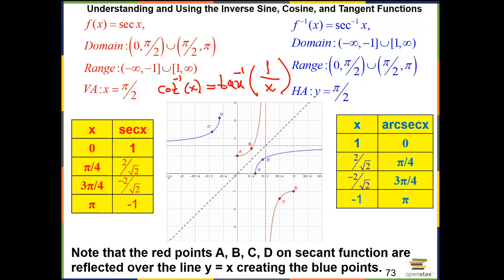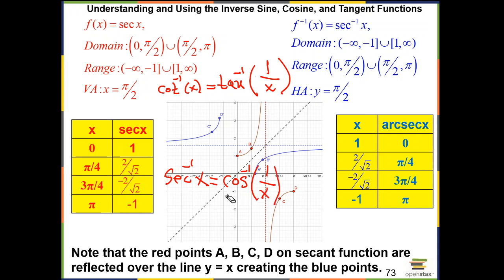But the secant inverse of x is the same as cosine inverse of 1 over x for all domain values.